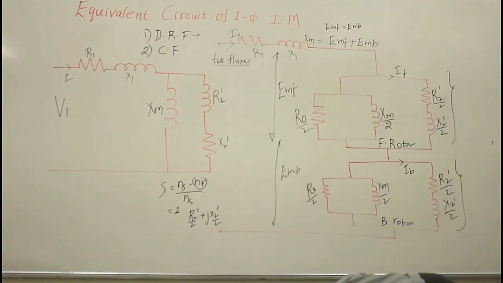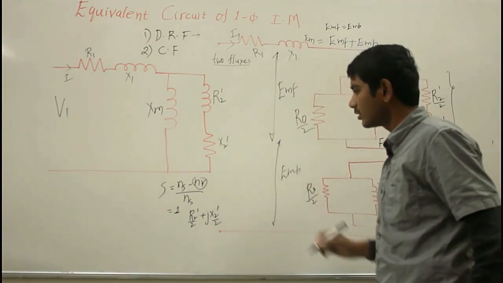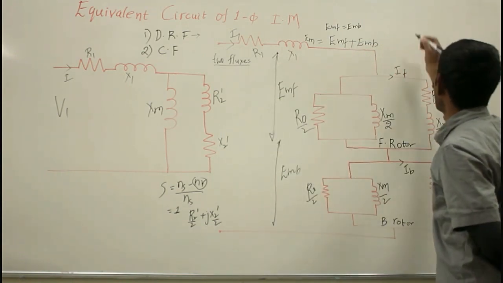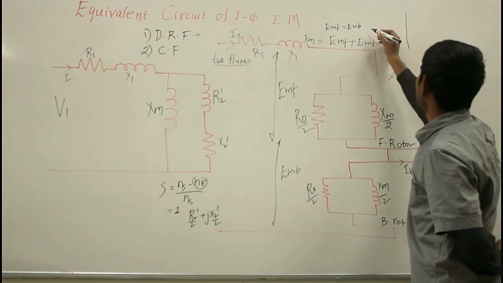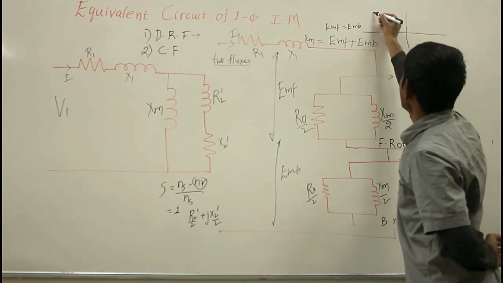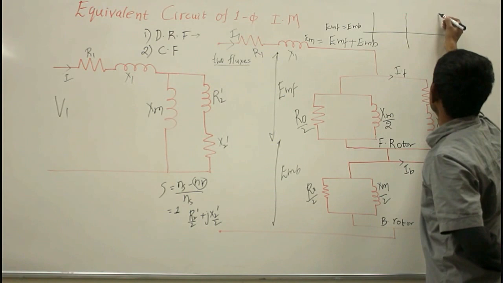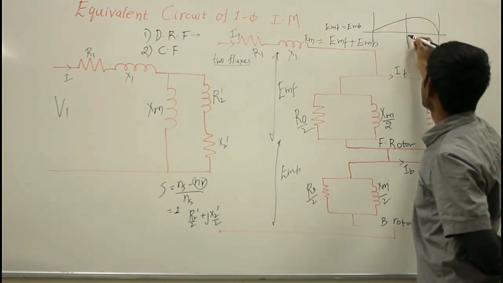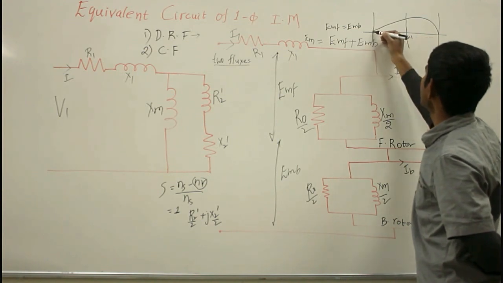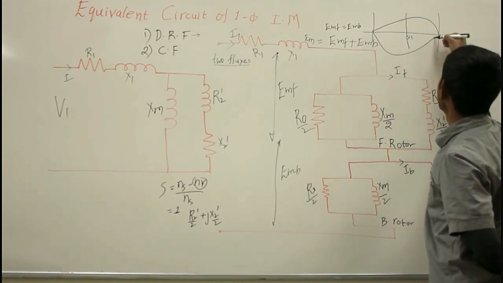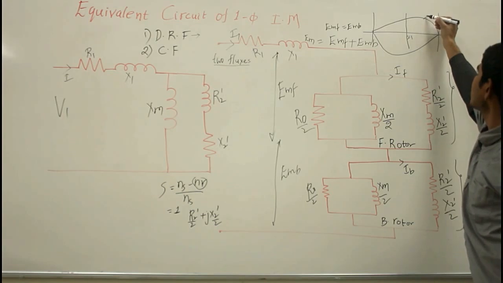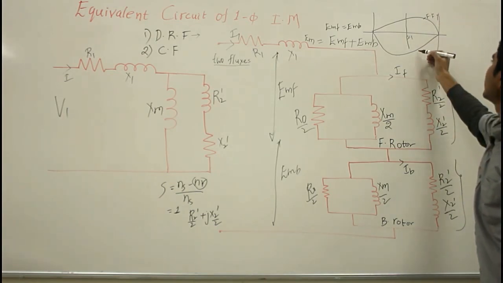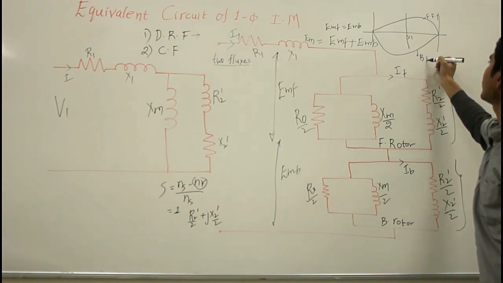Now I know that the single phase induction motor is not self-starting, because if you go to the torque slip characteristics, you know that the forward field torque is like this, with slip S equal to 1, and the backward field torque will be like this. So this is the forward field torque and this is the backward field torque.